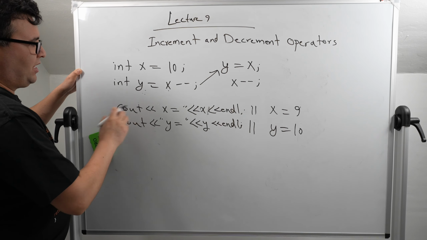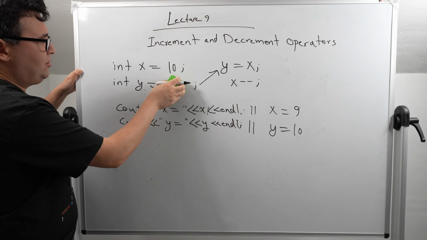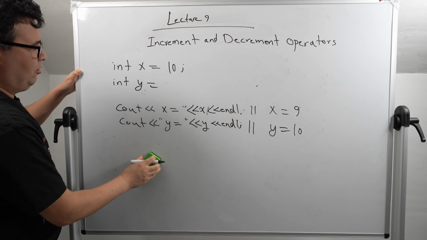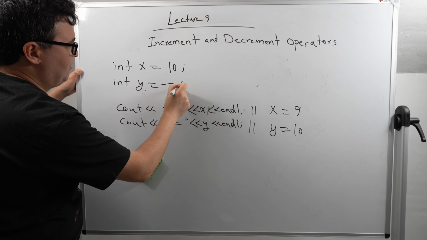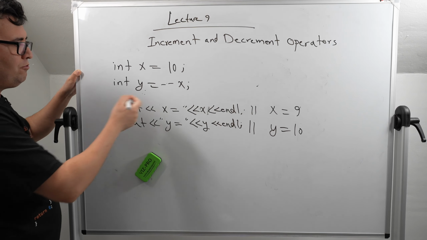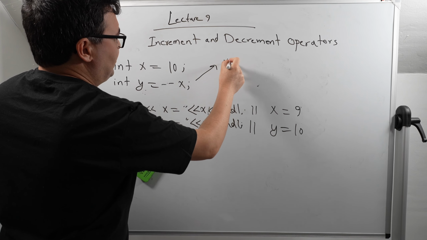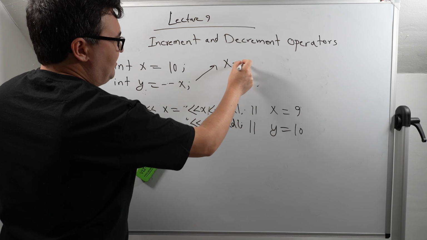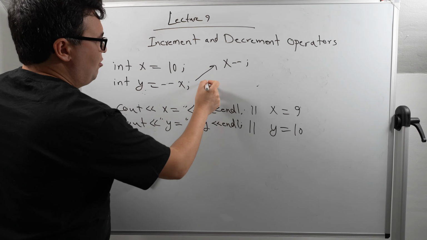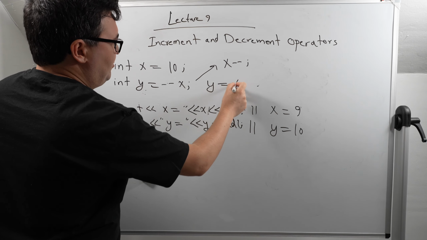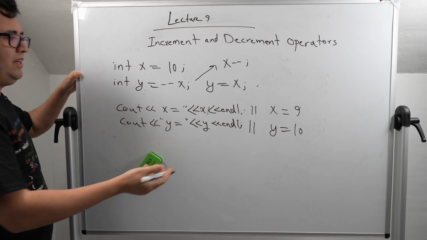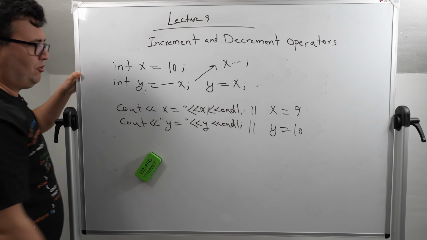And if you use it as a prefix, so if you use minus minus x, what happened in this case? In this case, x first becomes minus minus, and then y is equal to x. So then the value of variable x is stored inside y.